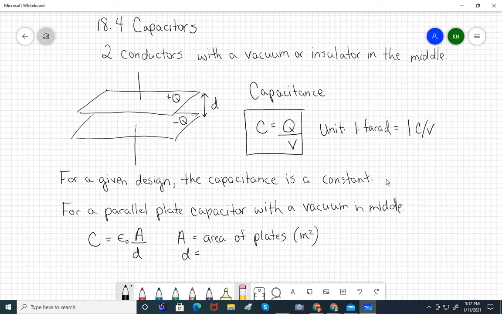D is equal to the plate separation, so that will be in meters.